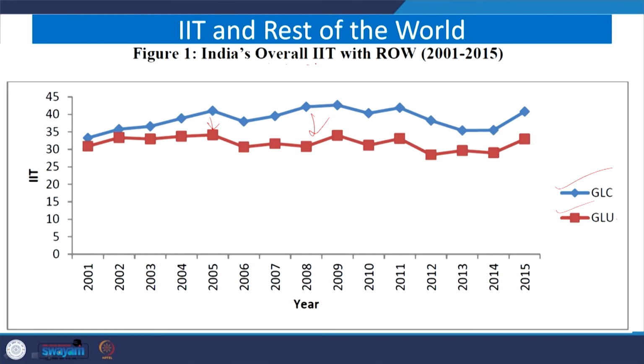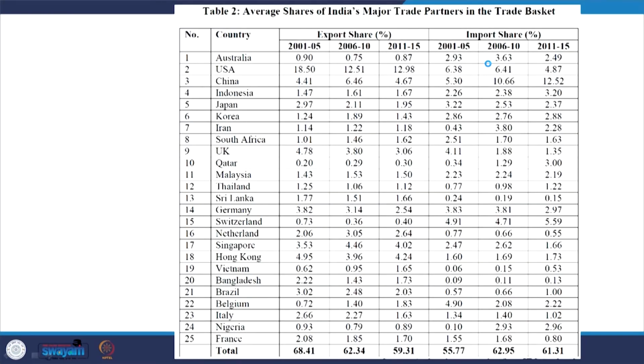Now, India's overall IIT with the rest of the world, figures are from 2001 to 2015. Here the table probably is not visible, but if you open my slide, you can read between the columns and lines. Average shares of India's major trade partners with trade baskets.